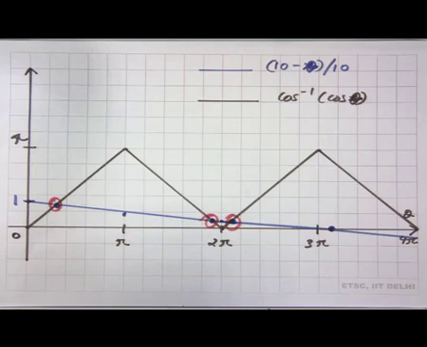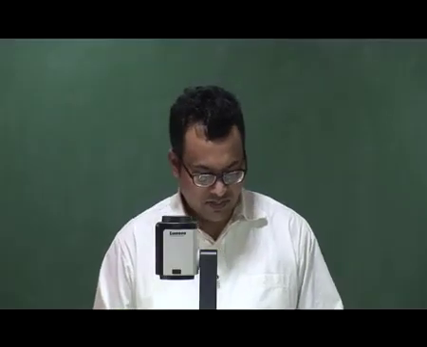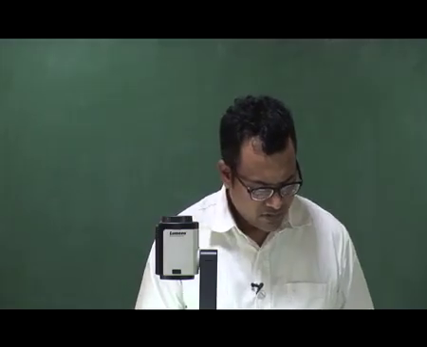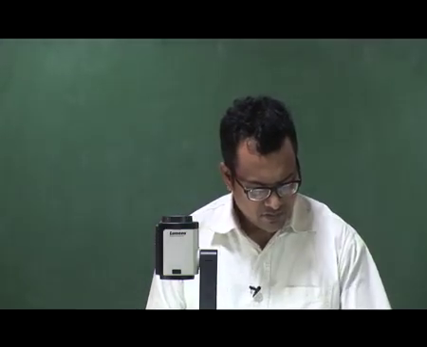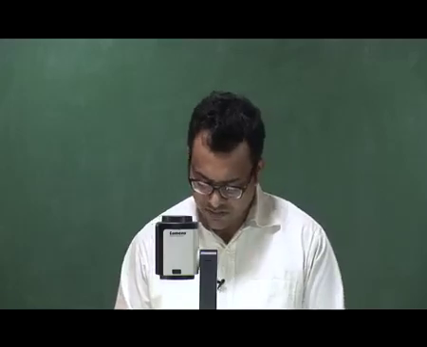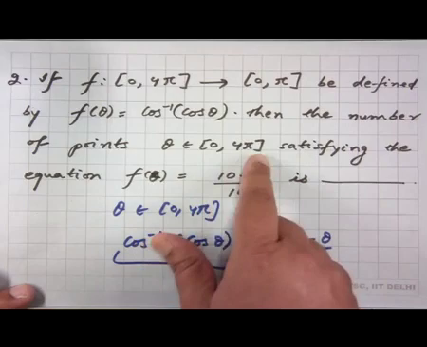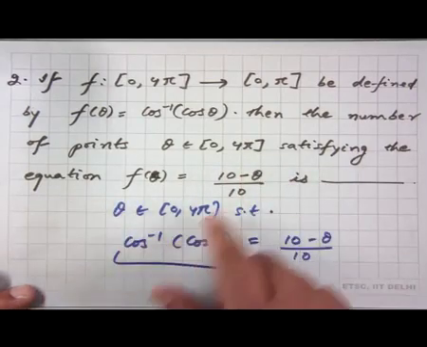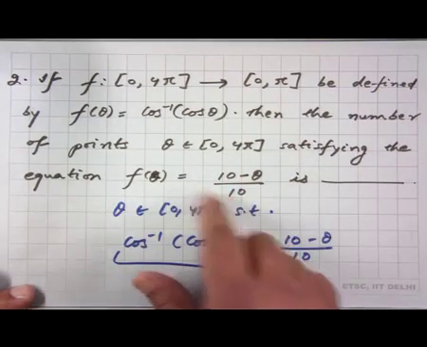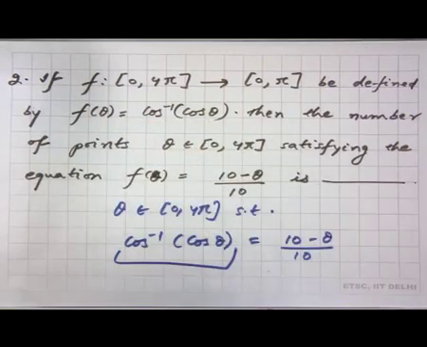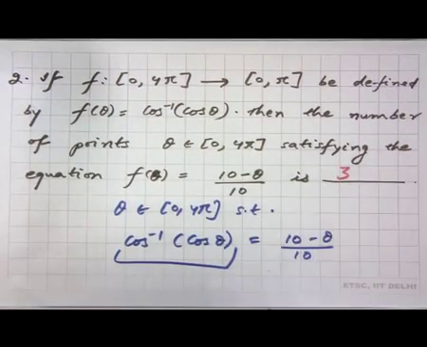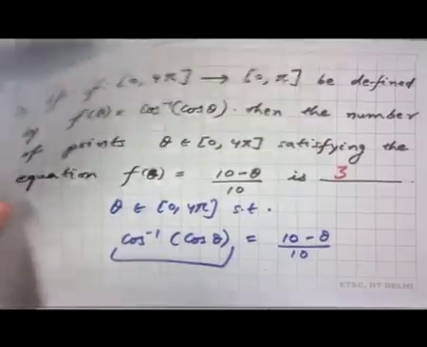So, there are basically three distinct values of theta for which cos inverse cos theta is equal to (10 minus theta) over 10. So, the final answer to this question is that the number of points theta belonging to 0 to 4 pi satisfying the equation (10 minus theta) over 10 equal to cos inverse cos theta is 3. So, there are only 3 distinct points.